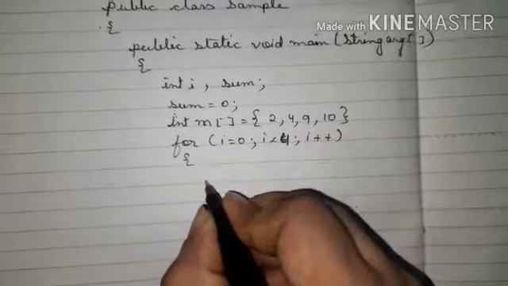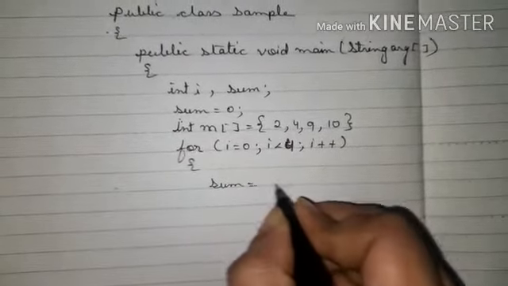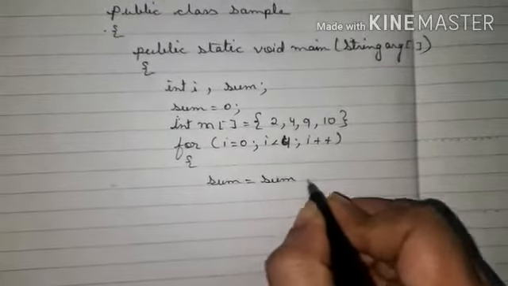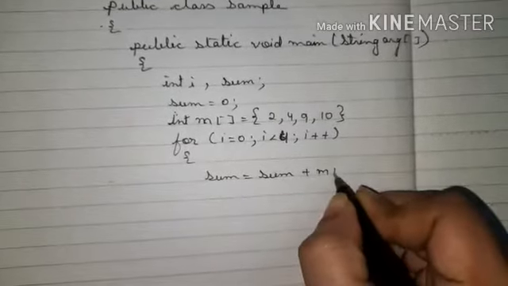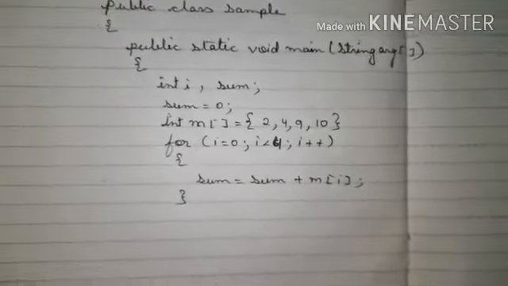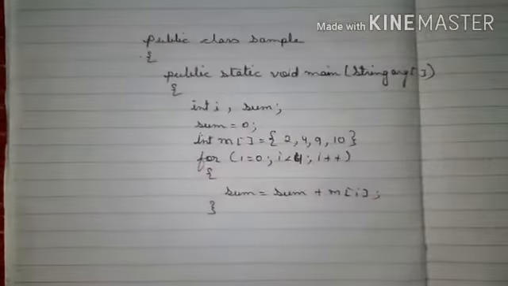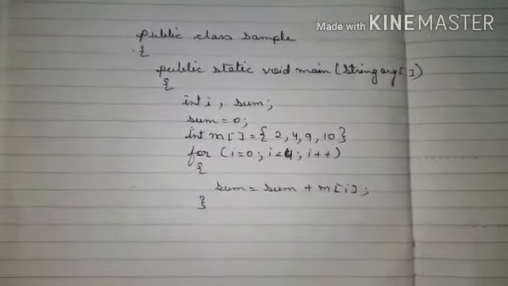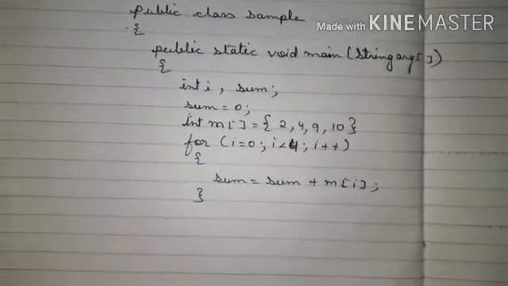Inside it we'll write sum equal to sum plus m[i], finding the sum of the elements of the array.